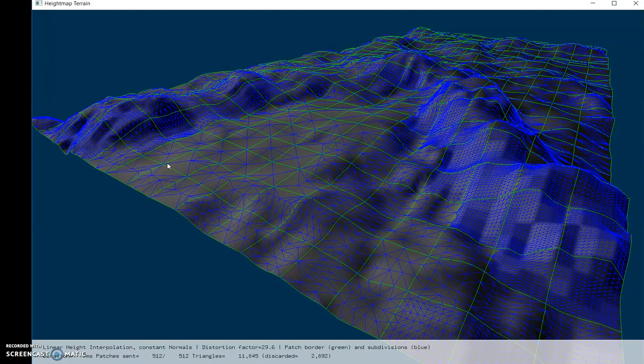It's important to notice that we are here in a non-uniform situation. Two adjacent patches may have different tessellation levels. This one is higher than this one, but if you consider the common edge between those two adjacent patches, the subdivision is the same.